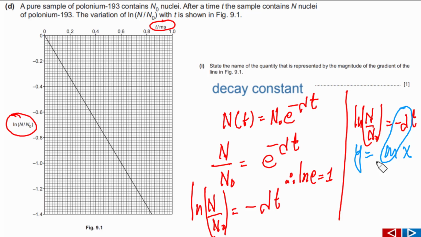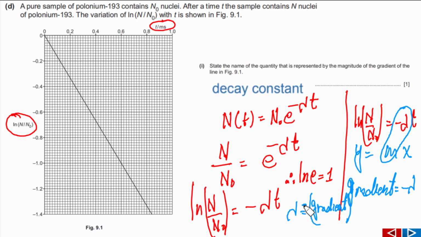So gradient is equal to minus lambda. The gradient is negative, so the negatives cancel each other, and lambda is equal to the negative of the gradient.